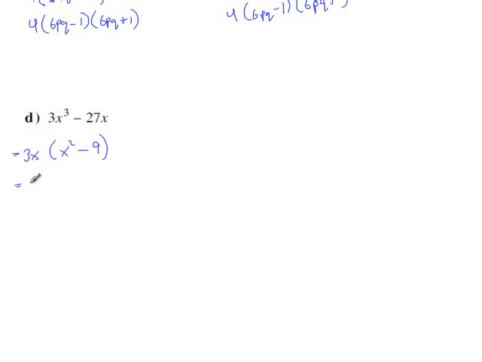So I could write this as 3x times x squared minus, and instead of writing the 9, I can write that as 3 squared. So now I've got a difference of squares format, and it factors as 3x times x minus 3 times x plus 3. And there's your answer there.